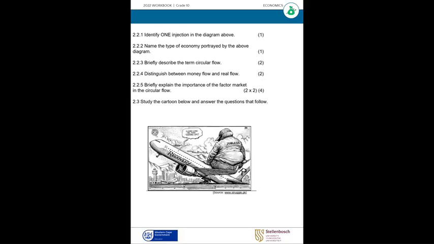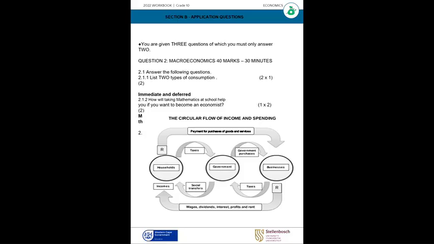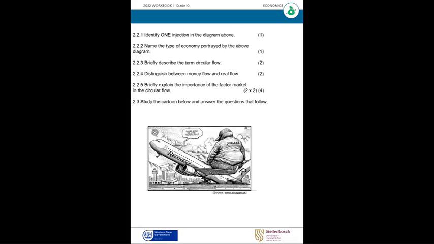You can also get that from your diagram, because if you go look at the diagram, they talk about payments or purchases for goods and services. There's your payments for your factors of production, right? So that is the money flow that they're referring to. And then the next question speaks about the real flow. So your real flow is the flow of your goods and services, what you are receiving for that money that you've spent. Okay.